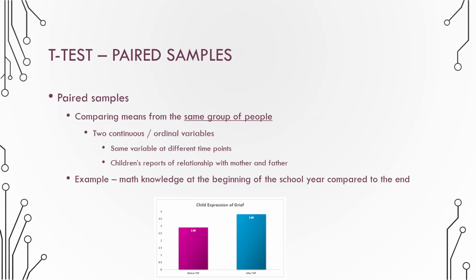But the thing is, they're comparing a class to themselves versus if they wanted to say, well, does teacher A versus teacher B, are their students doing better? That would be an independent samples t-test. So again, key thing here is the data are coming from the same people.